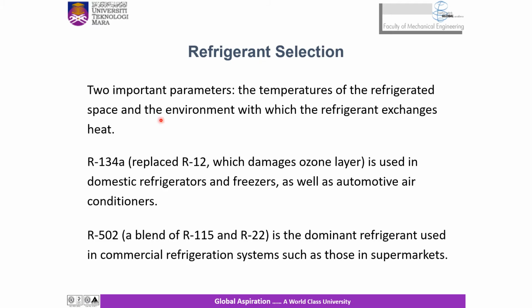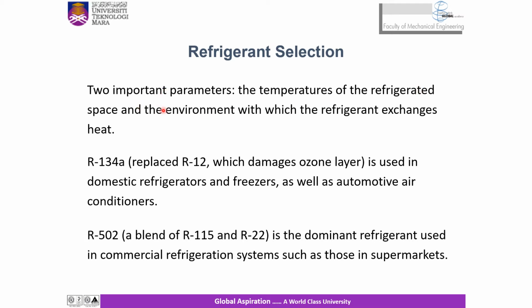To select a refrigerant, there are two important parameters that you should pay attention to. One is the temperature of the refrigerated space. When the refrigerant expands in the expansion valve, the temperature as a result of that expansion must be at least 10 degrees lower than the required temperature of the refrigerated space.